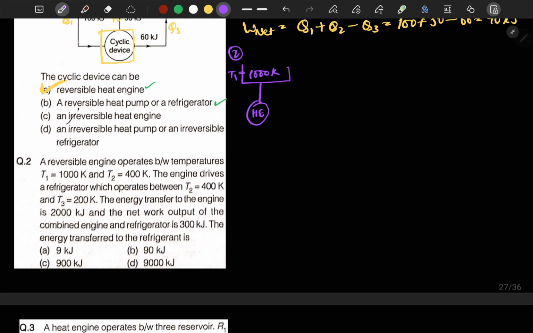A reversible engine operates between temperatures of T1 equal to 1000 Kelvin and T2 equal to 400 Kelvin. Now the work produced by it is used. The engine drives a refrigerator which operates between temperature T2 and temperature T3.